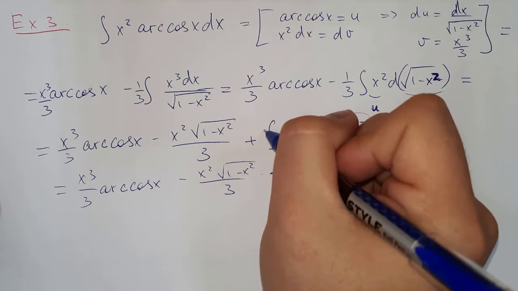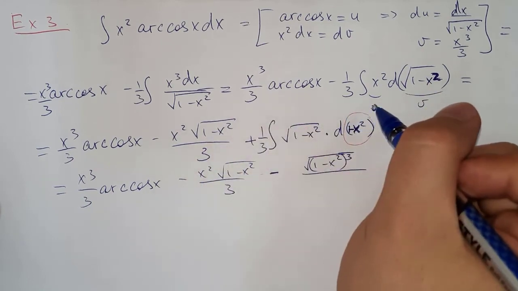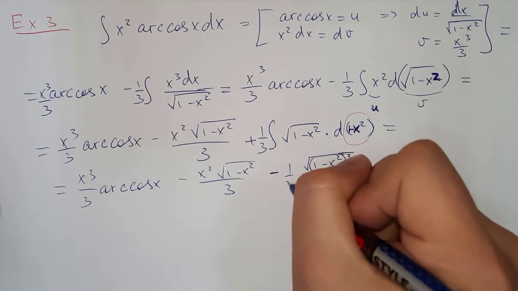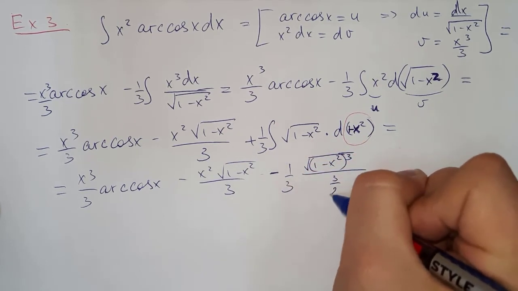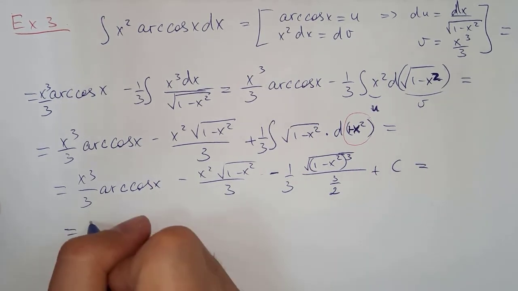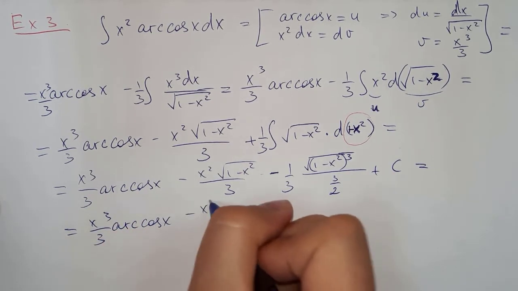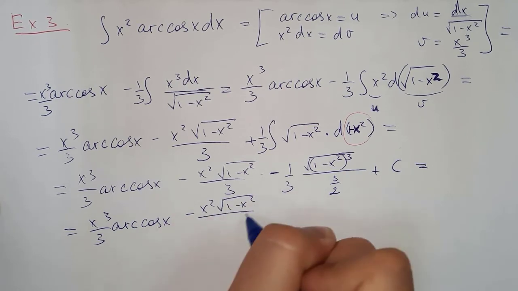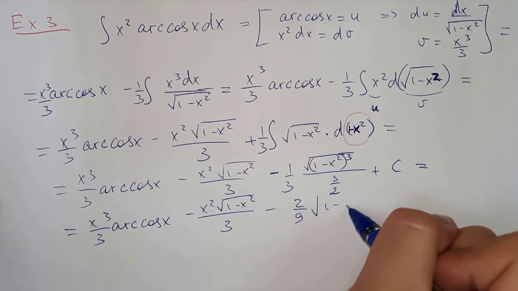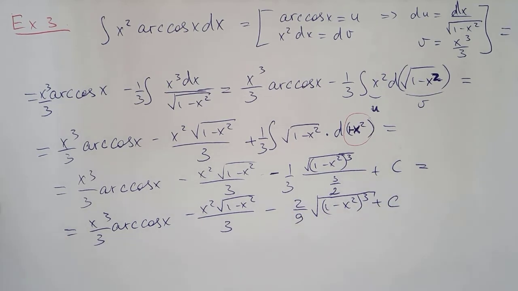Here, of course, 1 over 3 we have, because before our integral there was 1 over 3, so it means we need to multiply by 1 over 3 both of them. So here 1 over 3 and 3 over 2 plus c, or x cubed over 3 arc cosine x minus x squared square root of 1 minus x squared over 3 minus 2 over 9 square root of 1 minus x squared cubed plus c. This is the final answer.